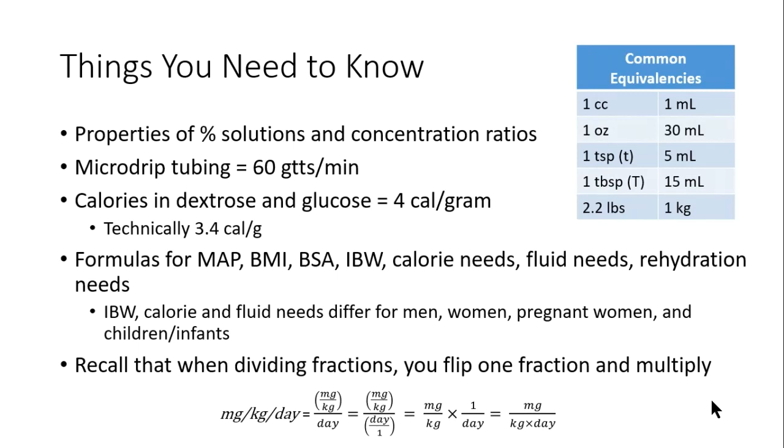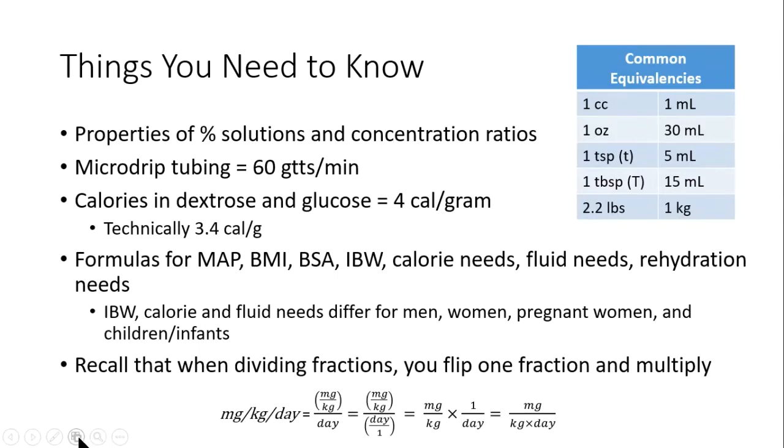And then also recall that when we're dividing fractions, you can flip the bottom fraction and multiply. For example, if we have milligrams over kilograms over day, it's the same as putting milligrams over kilograms, all of that over day.